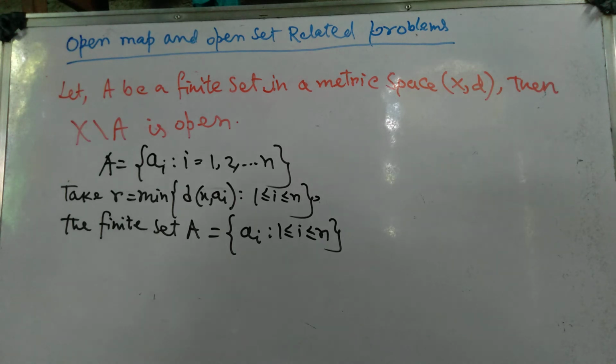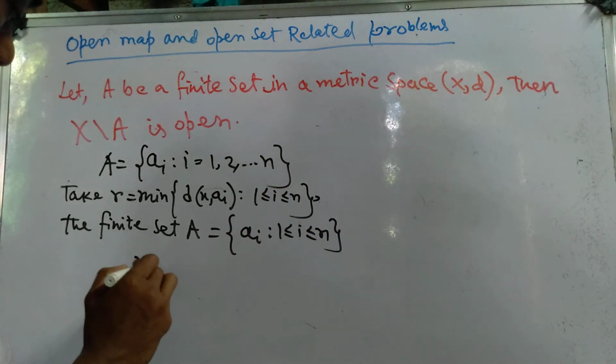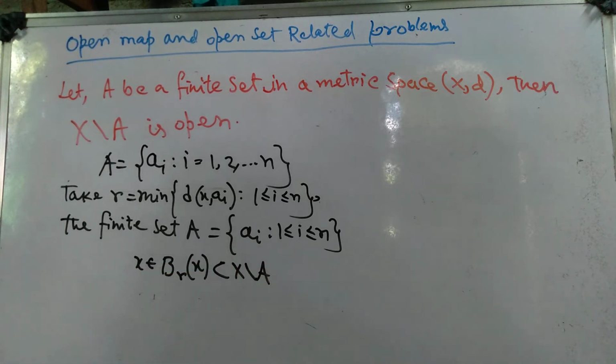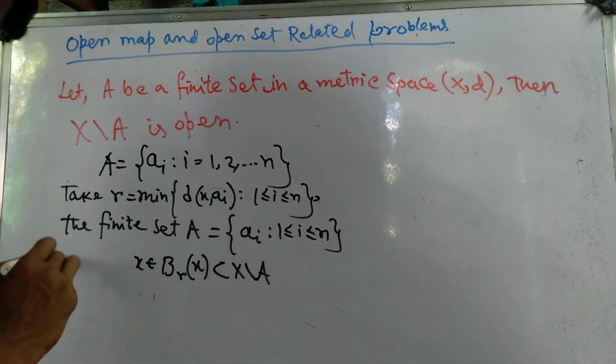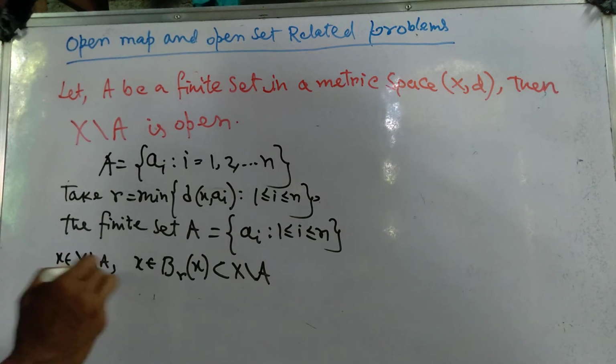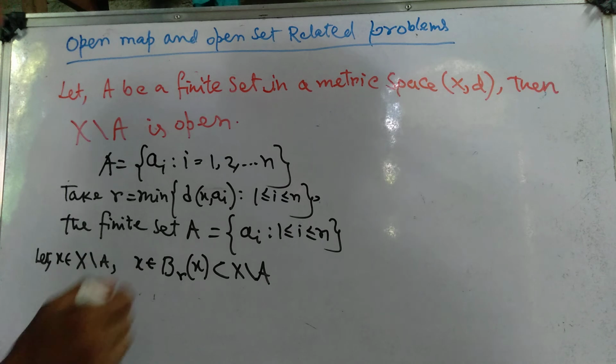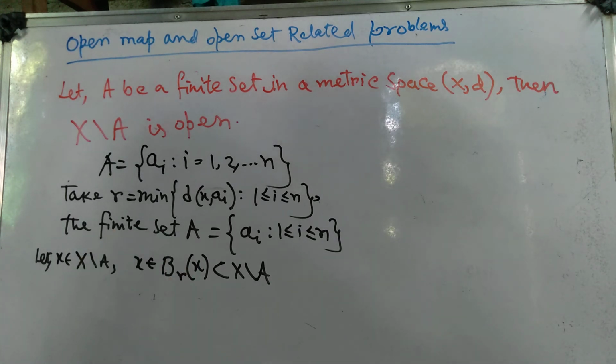Then what do we choose? We choose x belonging to B_r(x), a subset of X difference A. If x belongs to X difference A, then x belongs to B_r(x), a subset of X difference A, where r is equal to the minimum of the distances between x and the a_i.